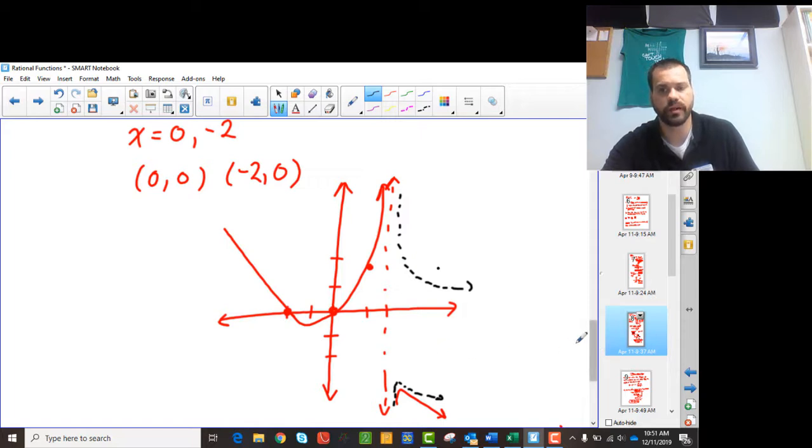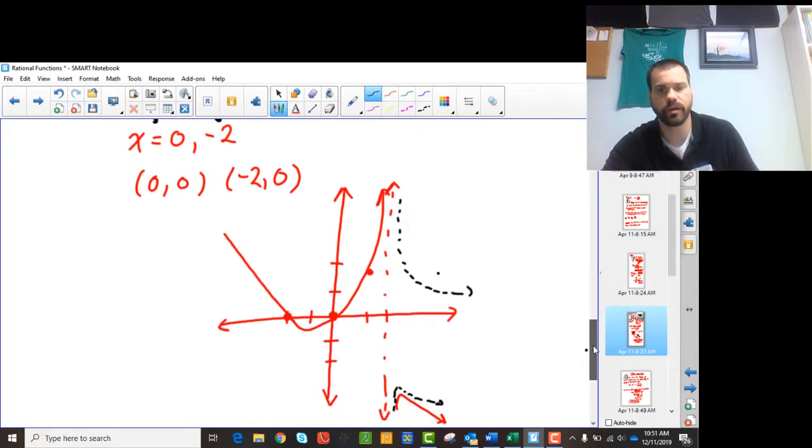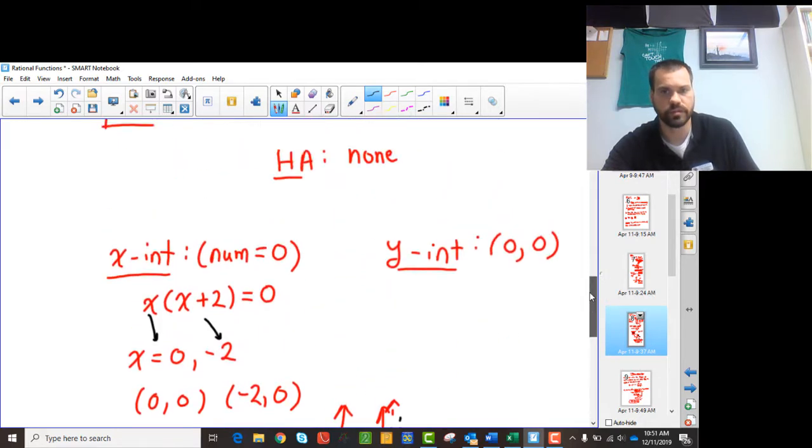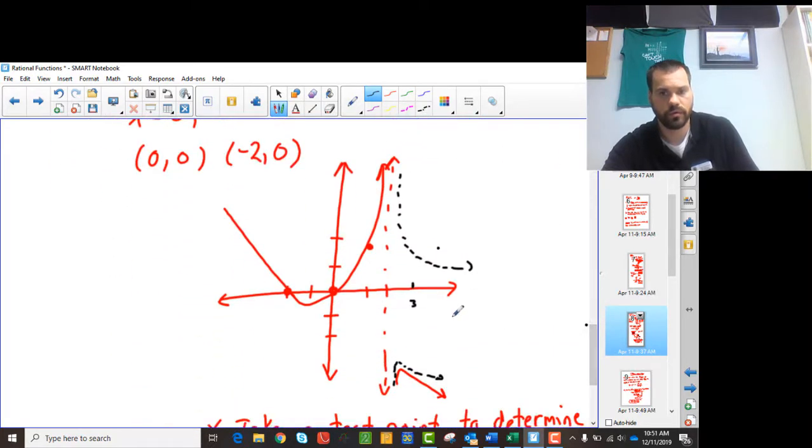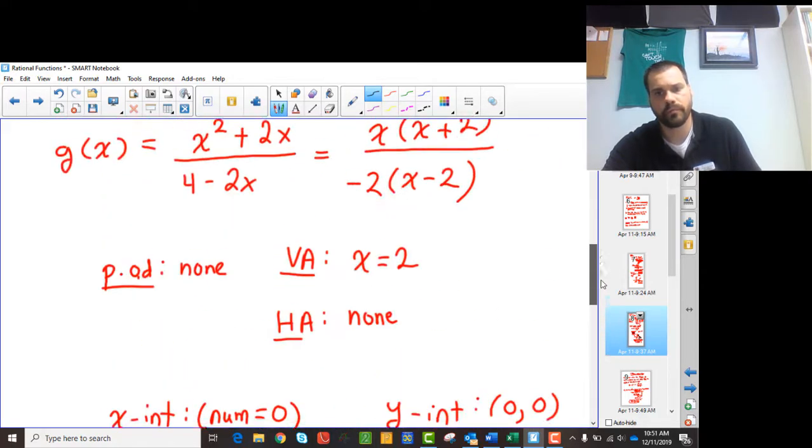And the way that I decide that is actually by taking a test point. So if I pick, let's say, x equals 3, and I plug that into my function, which is back up here, so it's 3 times 3 plus 2, divided by minus 2 times 3 minus 2, sorry, right?